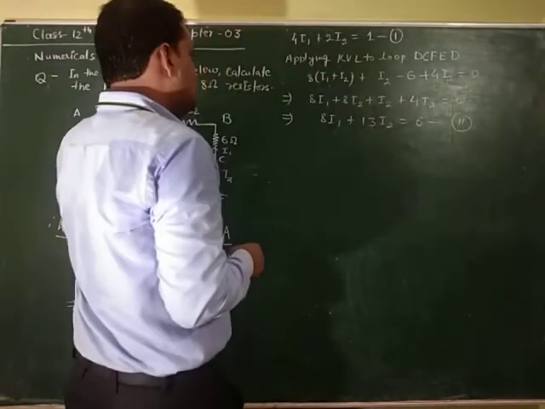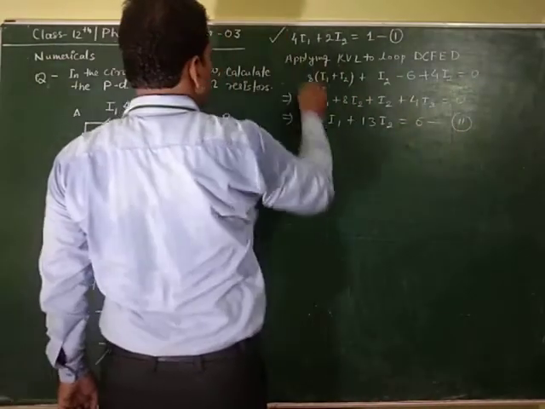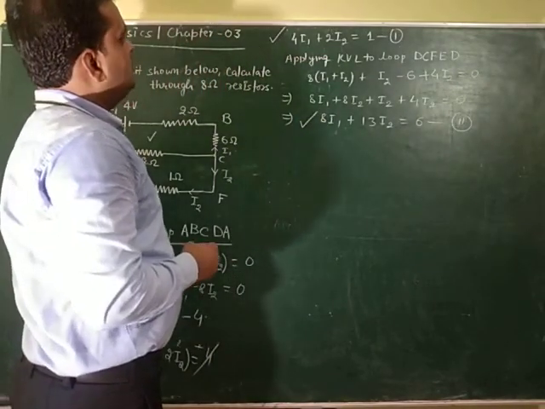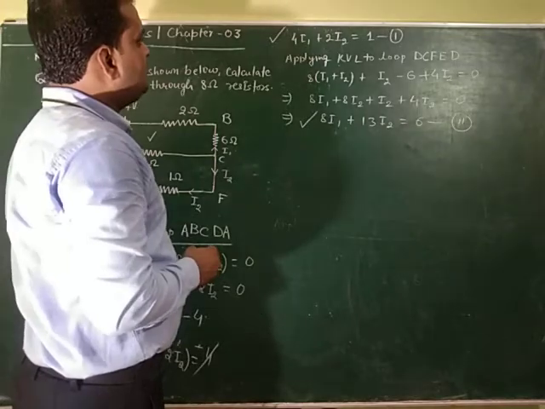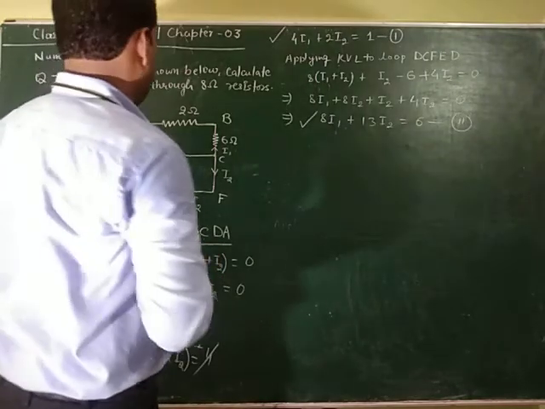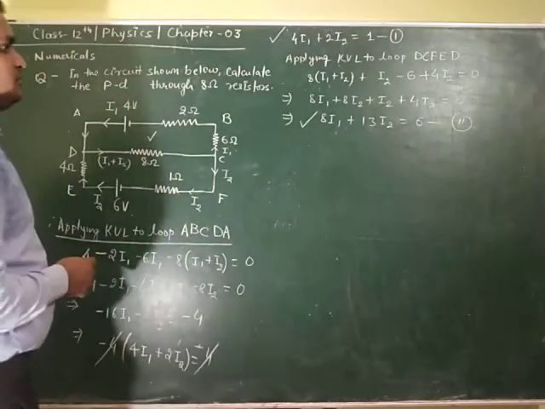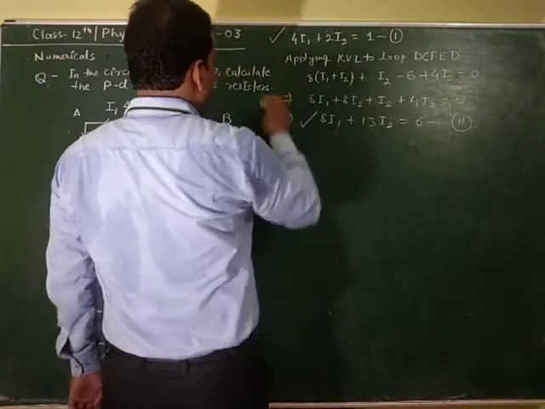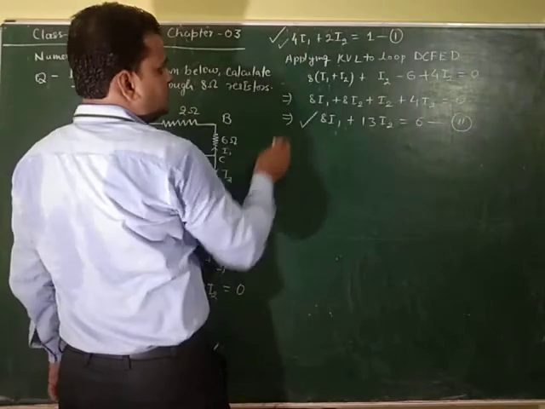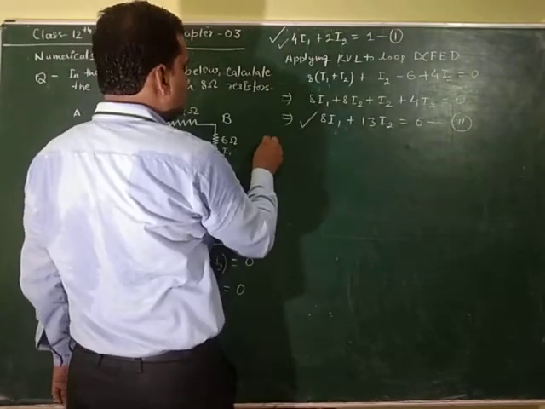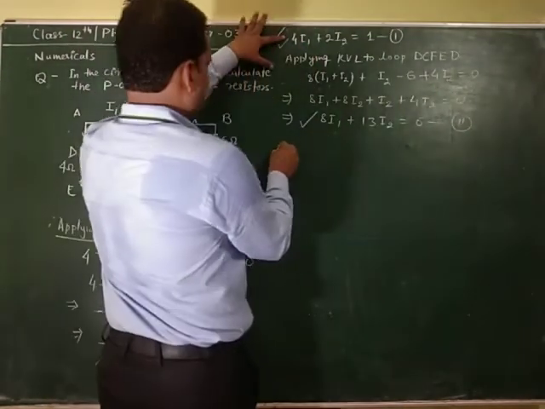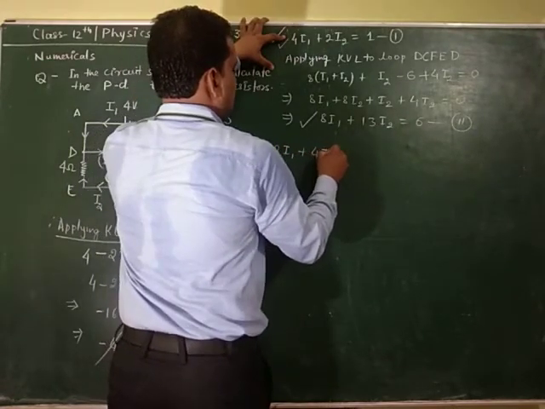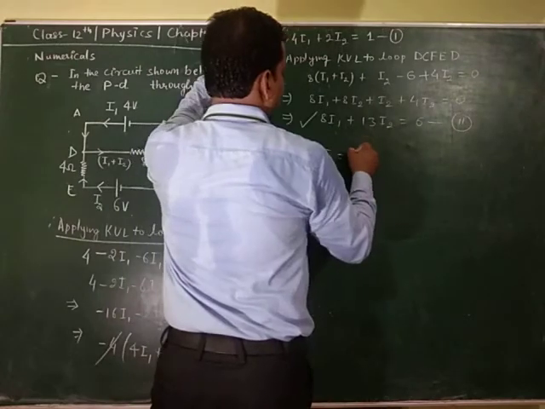So there are two equations, simultaneous equations. We have to solve these, and we can calculate the values of I2 and I1. Now multiplying equation number 1 with 2, what can it be? 8I1 plus 4I2 is equals to 2.